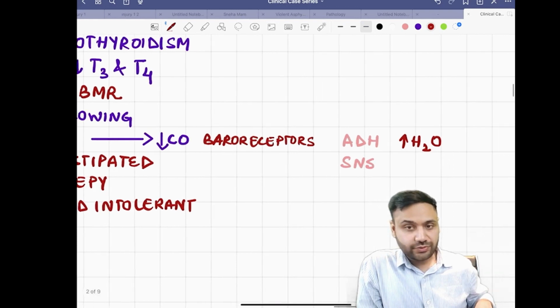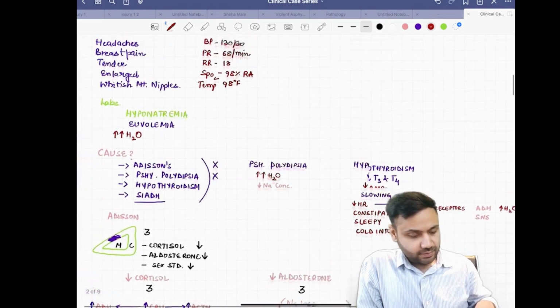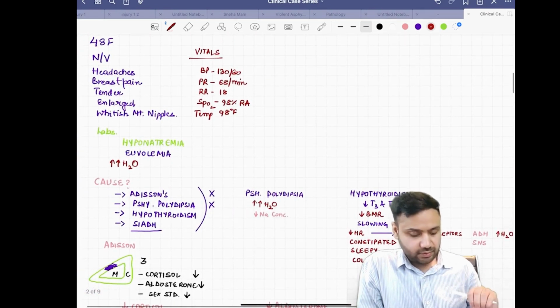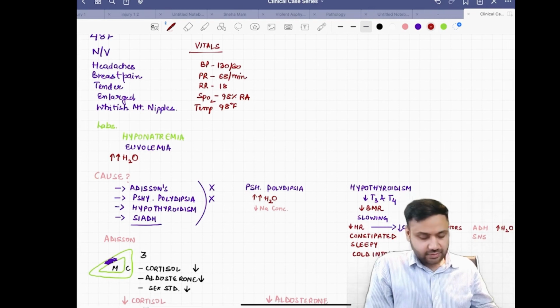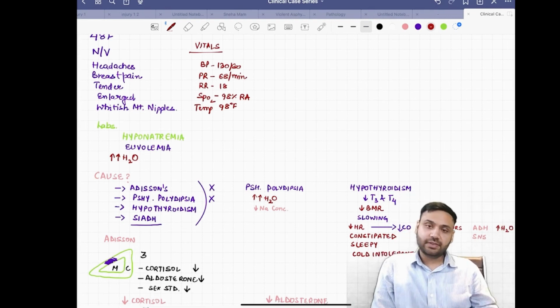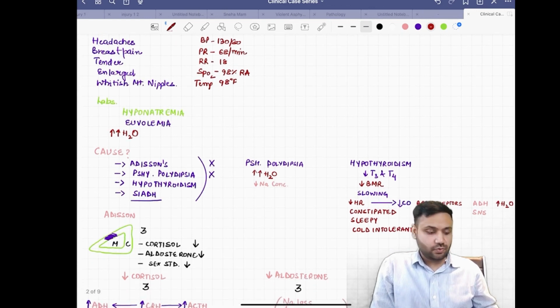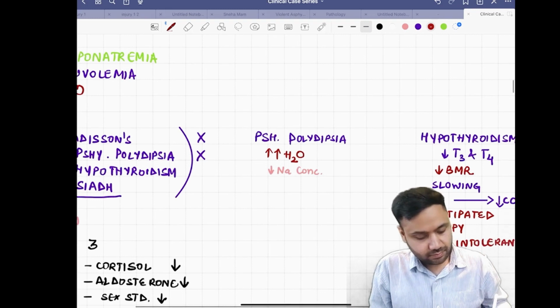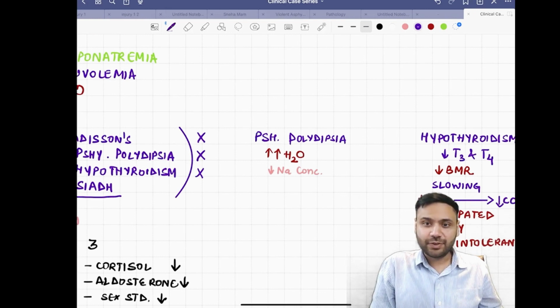Let's go back to the question of this patient, a 48-year-old female. She doesn't have bradycardia, she doesn't feel constipated, she doesn't feel sleepy, nor is she cold intolerant. So, hypothyroidism is not the cause here. So, what are we left with?